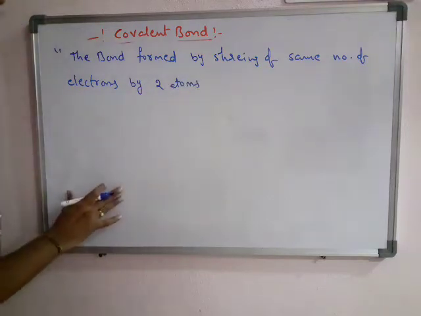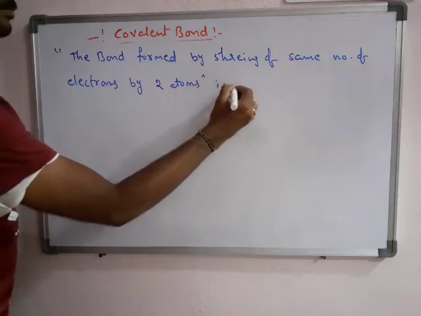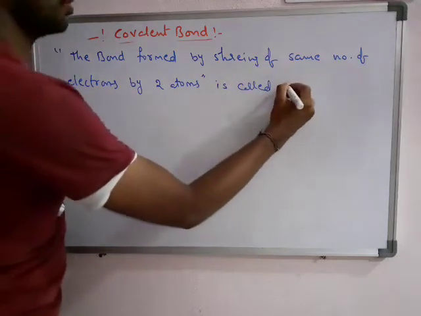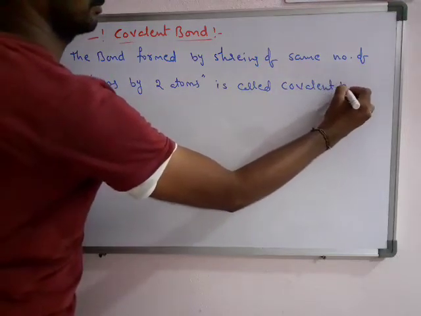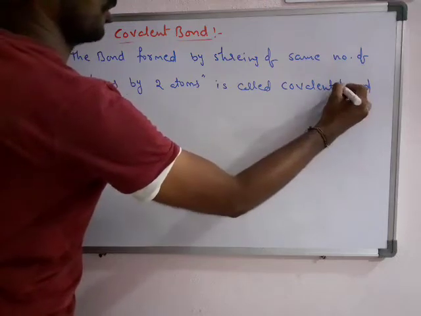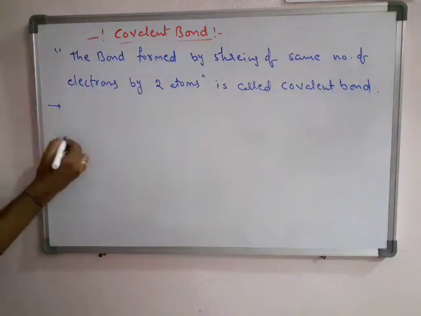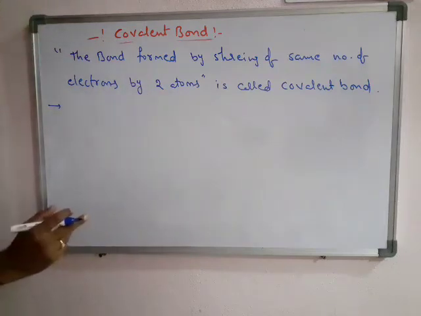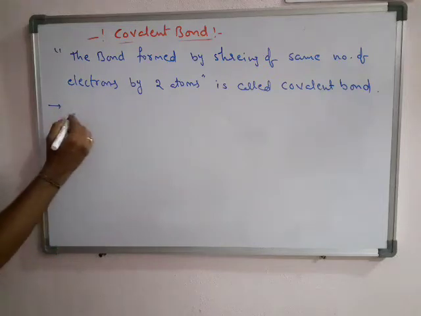The bond formed by sharing of the same number of electrons by two atoms is called covalent bond. Here an important point: it can be between similar atoms or different atoms.